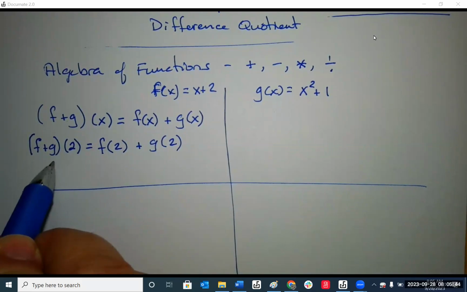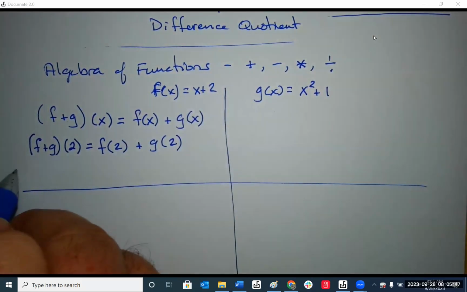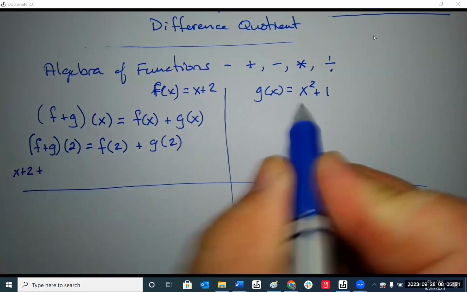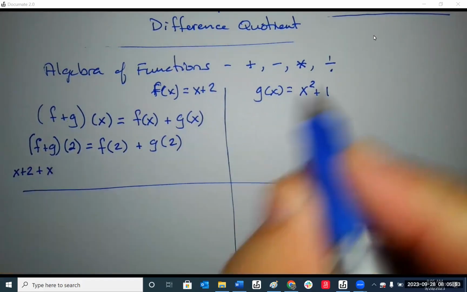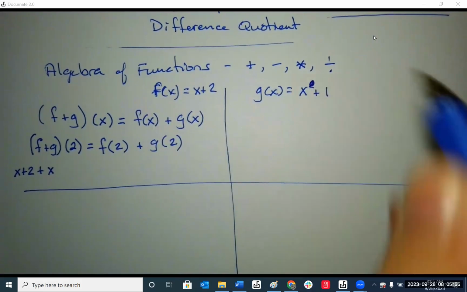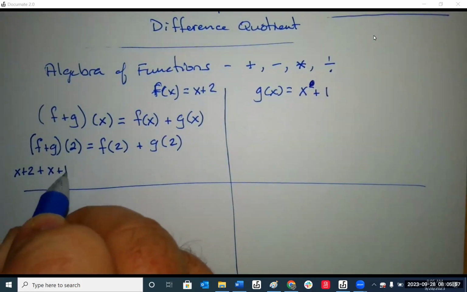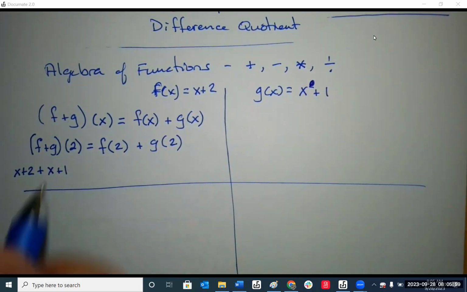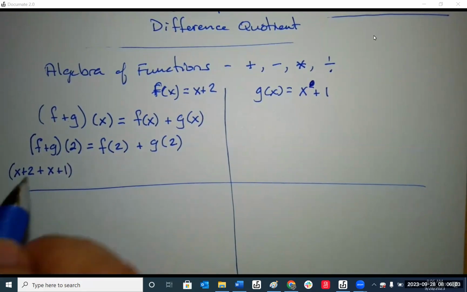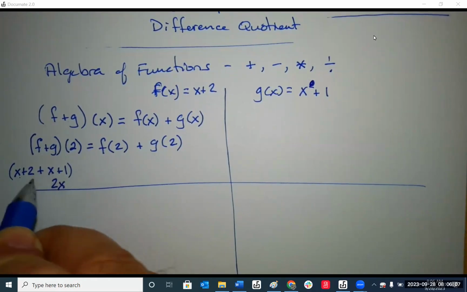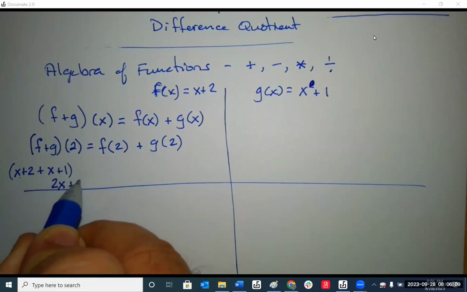So on this left side, we're going to take the f function, which is x plus 2, and then add to it the g function. Let's not make it x squared. Let's make it simpler. Let's make it x plus 1. If we combine those two functions together, x plus x is 2x, 2 plus 1 is 3.